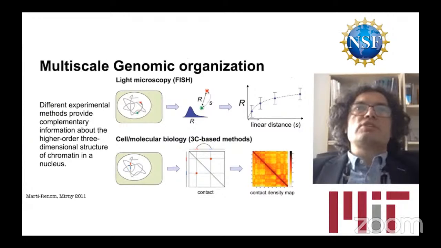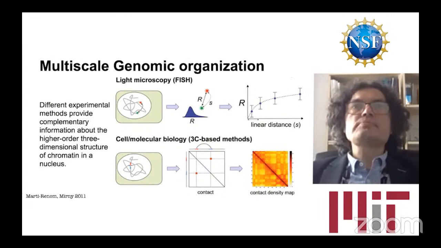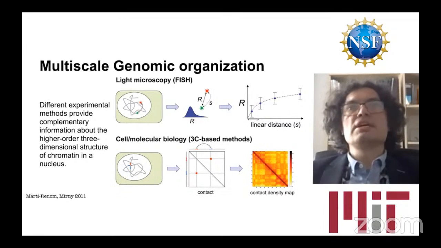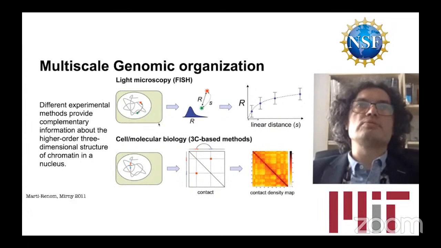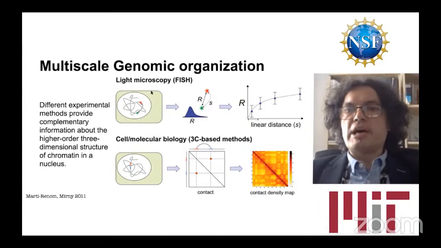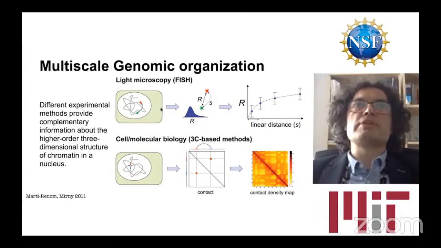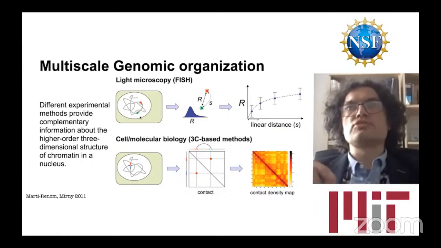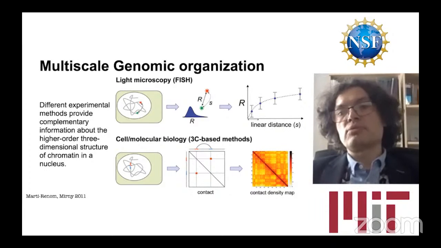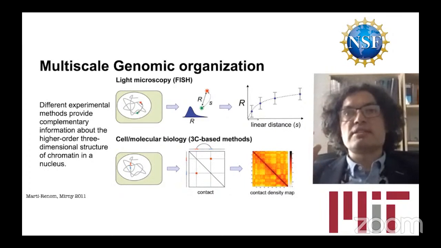So what are the two fundamental methods that allow us to identify experimentally some structural information about chromatin? The two general technologies are either based on microscopy. Here I am showing 3D FISH, in which you can observe two different genomic loci very precisely and, for example, calculate the physical distance between them.